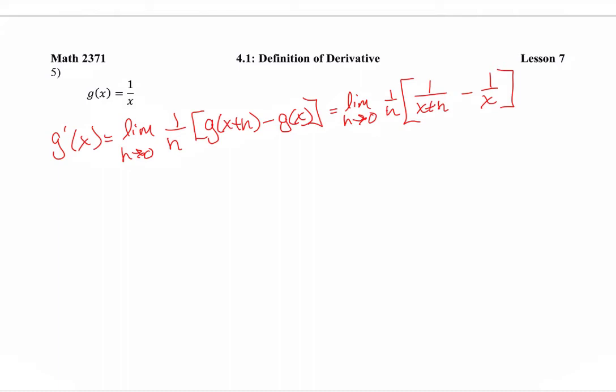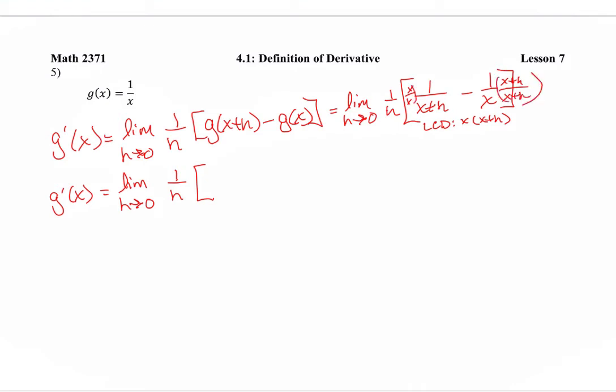All right, so I'm getting a multiplication of two fractions. I'm going to find the LCD of the bracket, and so that's going to be x times x plus h. And I'm going to find the LCD within that bracket. So g prime of x equals the limit as h goes to 0 of 1 over h times, and I'm going to multiply this first bracket times x over x, and this one times x plus h over x plus h.